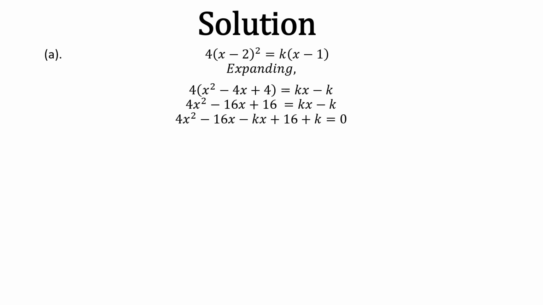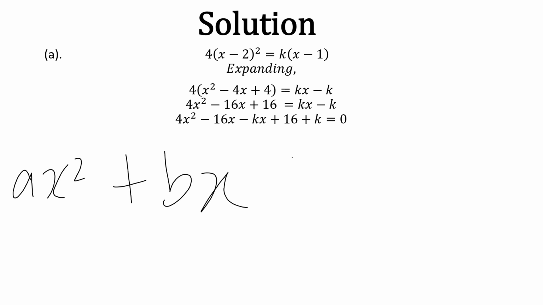Clearly a is 4. For b, I want to write it in a form where b is uniform. Here you can see minus 16 minus k, so let's bring out minus 1 and x.